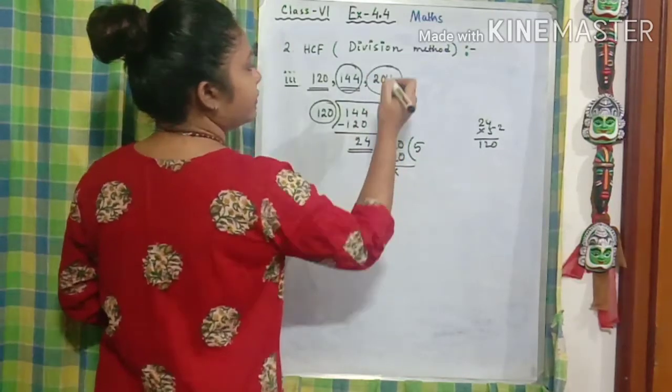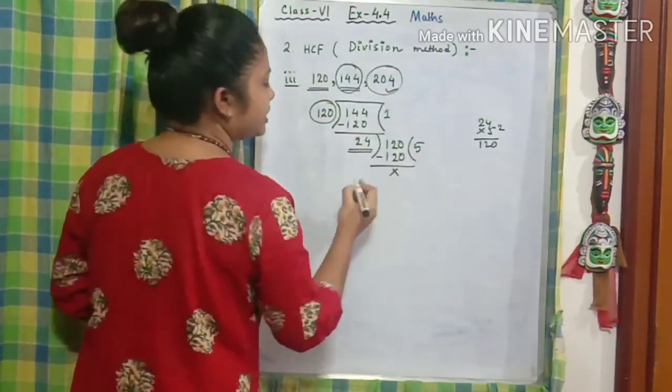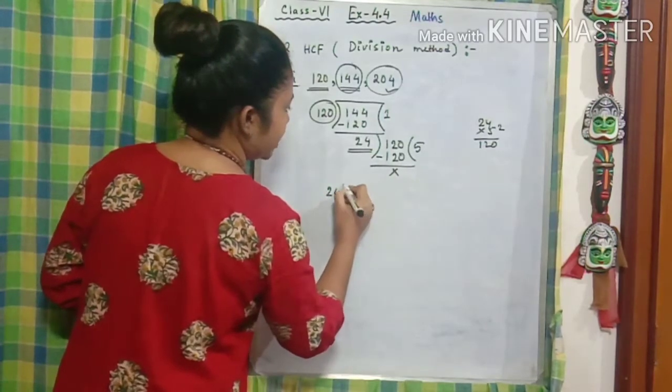Now coming to 204, which is once again going to be divided by 24.